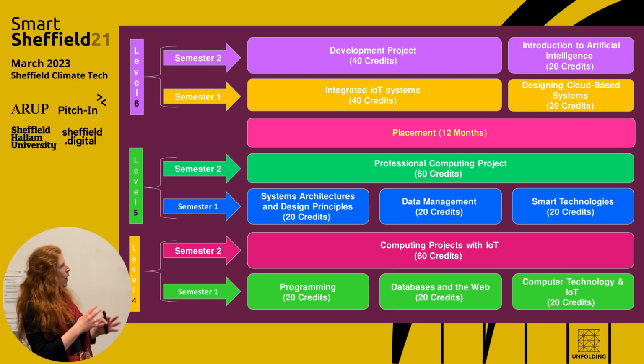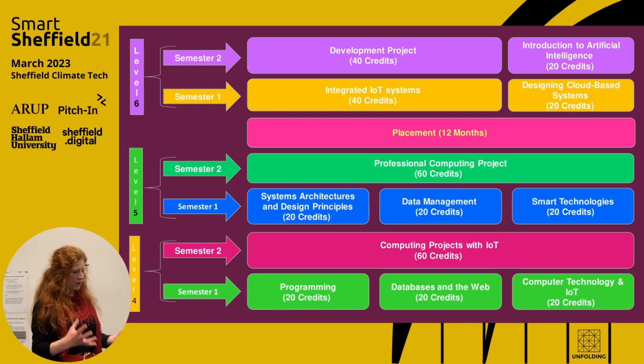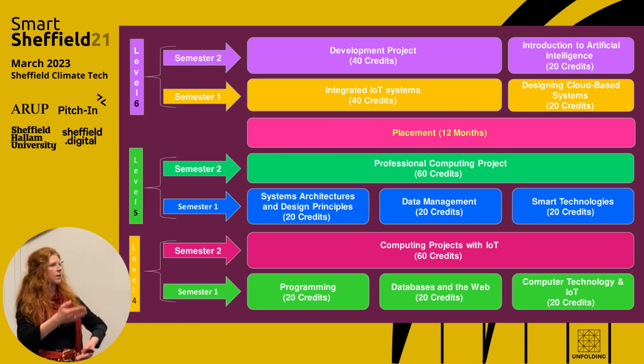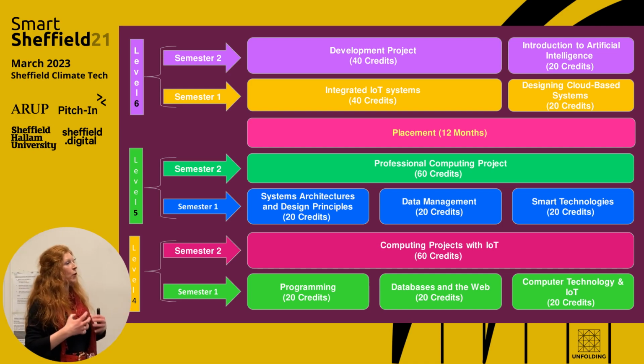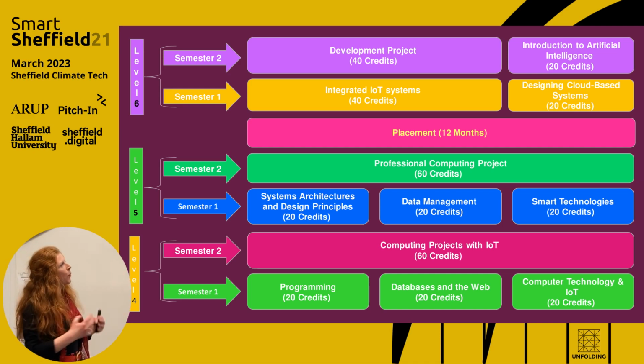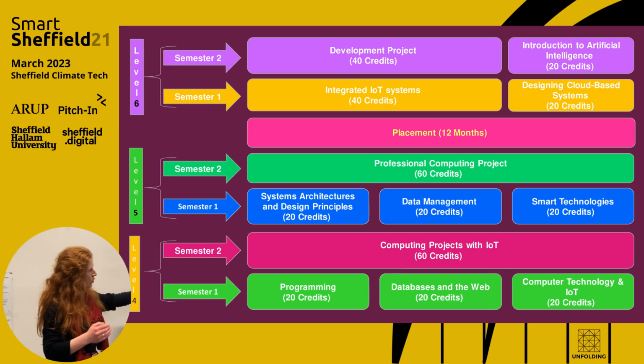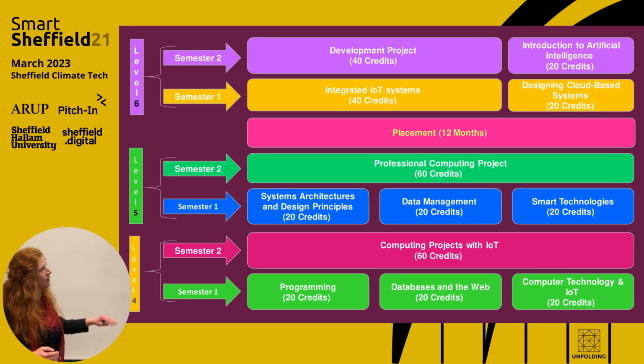The aim is to give students a comprehensive idea of what it's like to go through the life cycle of a project from start to finish: how you relate to a client, how you work with each other, how you gather requirements, and all of that. It's really important to us, which is why we have a practical project like that in both the first and the second year.